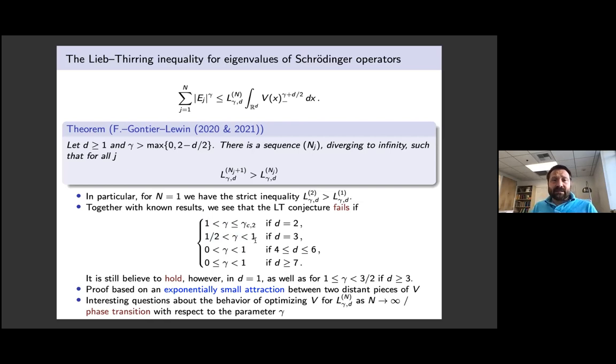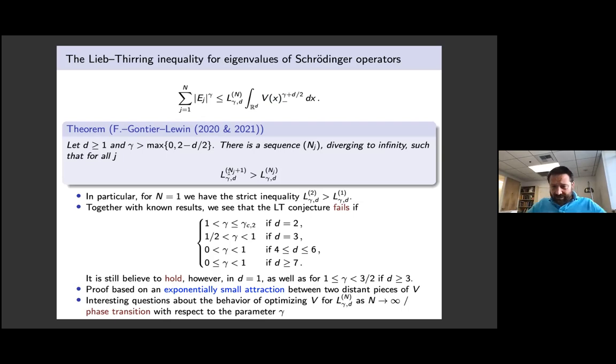This result raises a number of questions that we consider interesting. And those concern now optimizers for finite n, but large n. So you can think of this thing as like a system in statistical mechanics. For given n, which is sort of the system size, you look at an optimal potential V. And at least along a subsequence of n, such optimal potentials exist. And then you ask yourself, as n increases, what does this family of V's do?